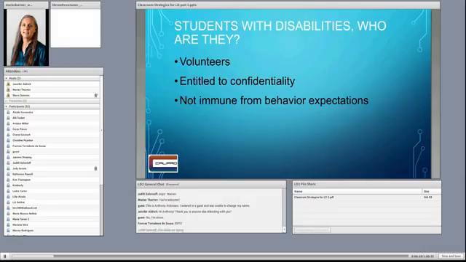Students with disabilities are volunteers in our programs. They're entitled to confidentiality. That said, they are not immune from behavior expectations.